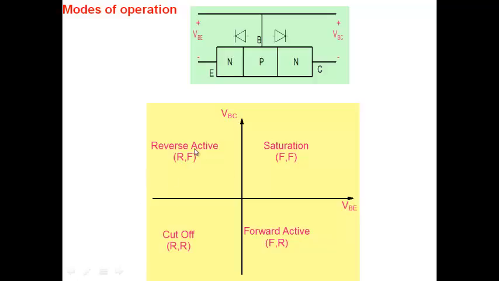Okay, so that's a sort of unused region. We don't normally operate here. But all three of the others, of course, are important. And for this course, the most important one is forward active. But what happens is that you may take a transistor, bias it in forward active, but because of circuit conditions, the transistor may slip into saturation if you're not careful.